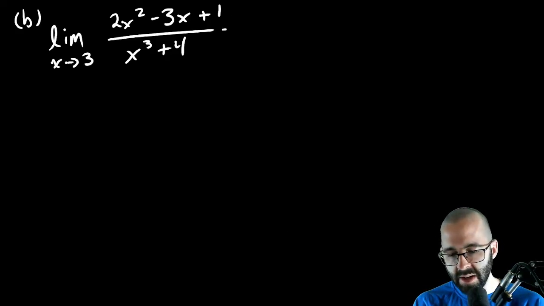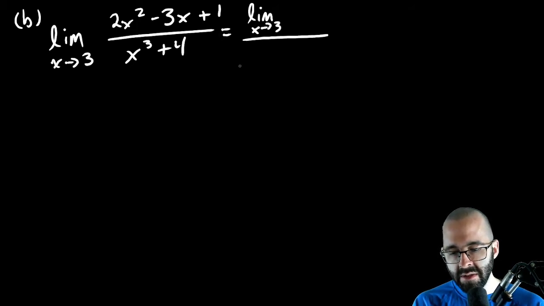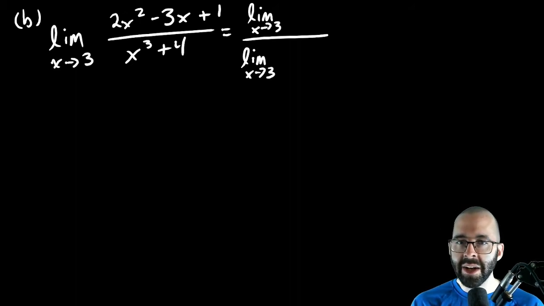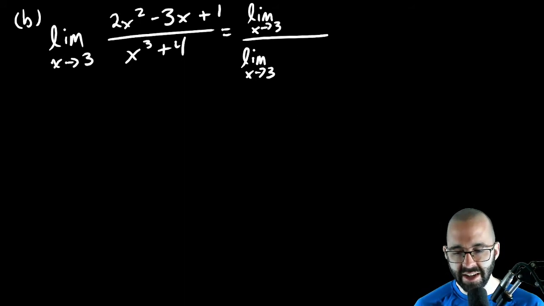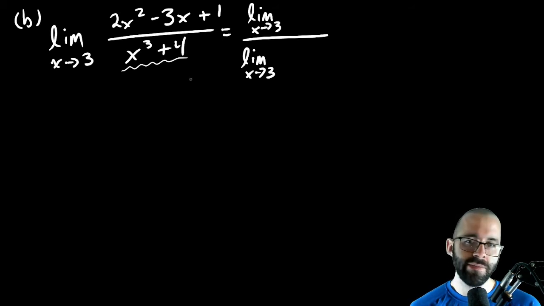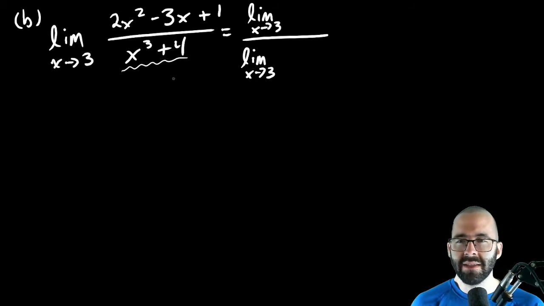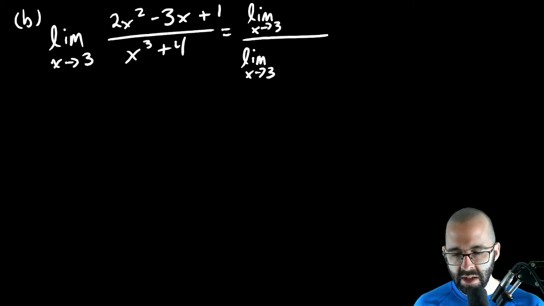So we're going to say this is equal to the limit as x goes to 3 of the numerator divided by the limit as x goes to 3 of the denominator, as long as that denominator is not 0. And intuitively, we can see that it's not going to be 0. As x is approaching 3, this number is way bigger than 0. This denominator is only equal to 0 at like the negative cubed root of 4. So yeah, we're way away from that.